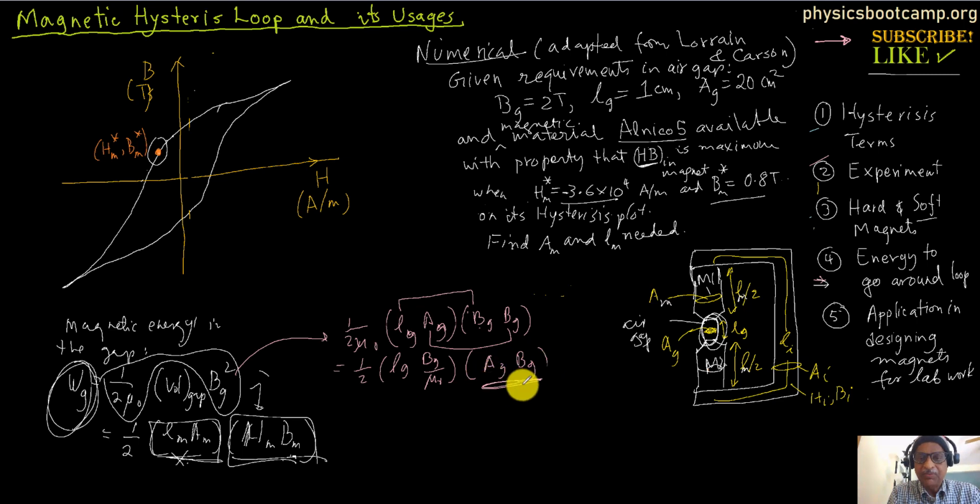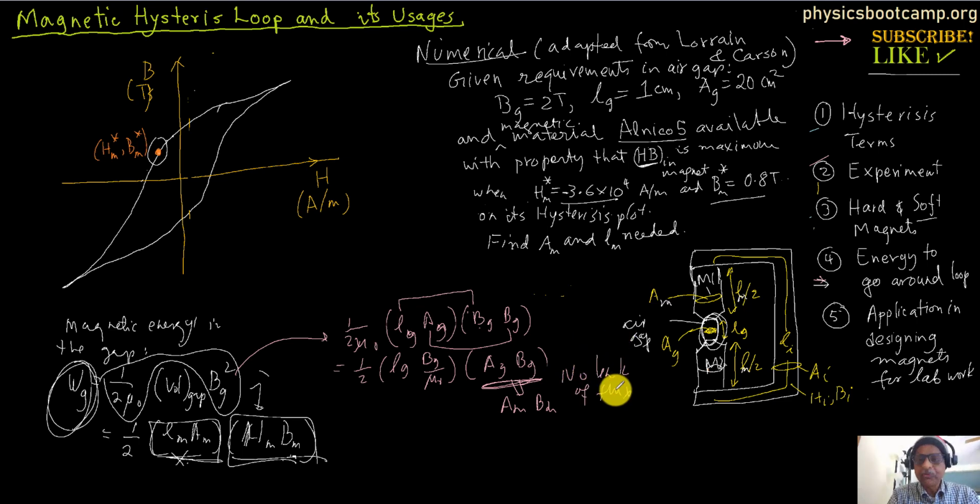So this goes with the flux, and the flux being the same, this will just become Am Bm. So same flux, no loss.